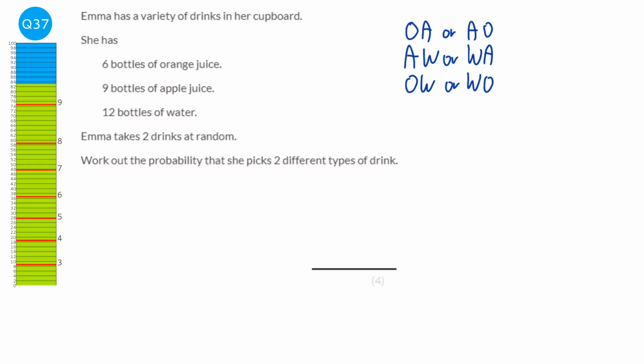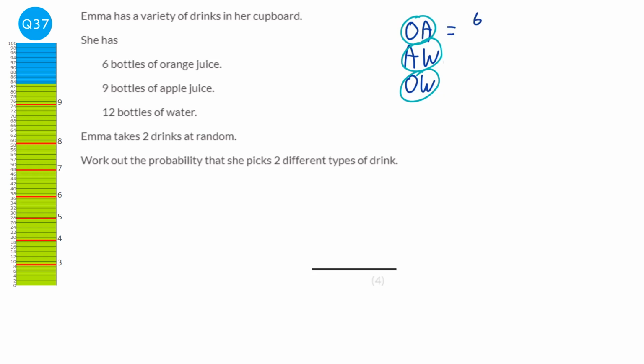Now what we notice really when we do this is that OA gives us the same probability as AO, same with AW and WA, same with OW and WO. So we're going to just ignore the right hand side ones and focus on the left hand side ones.